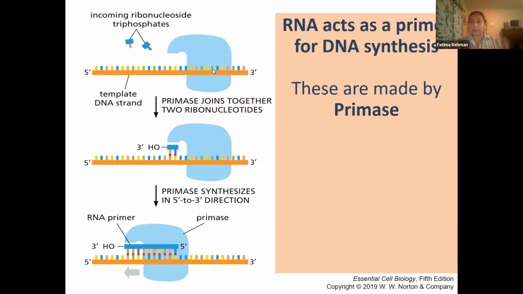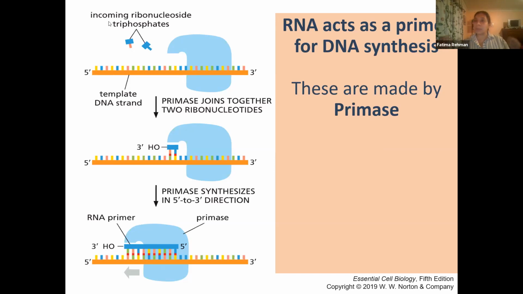And if you look at the shape of primase, it's very different, right? It's almost like a hook rather than a horseshoe like you saw with the DNA polymerase. This primase is able to only bind to ribonucleotides and not to deoxyribonucleotides.